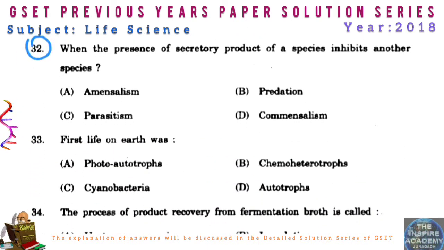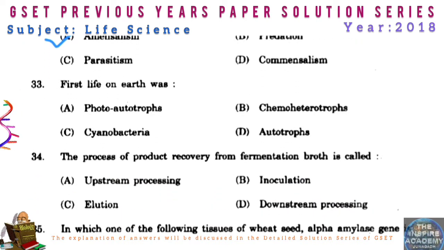Question number 32. When the presence of secretory product of a species inhibits another species, this type of interrelation is called amensalism. Question number 33.